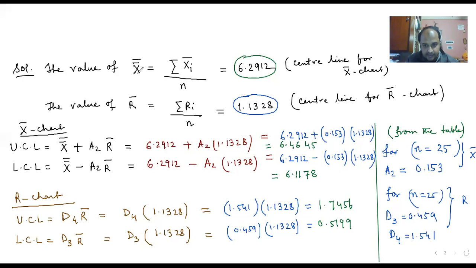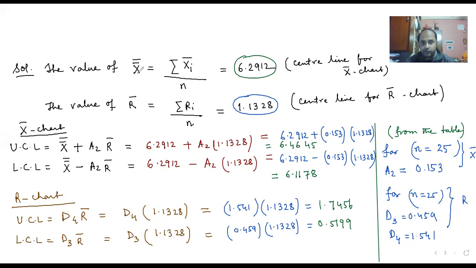UCL is 1.7456. LCL is 0.5199. Okay, so you are going to plot this table. You are going to use these results to draw your statistical quality control chart.